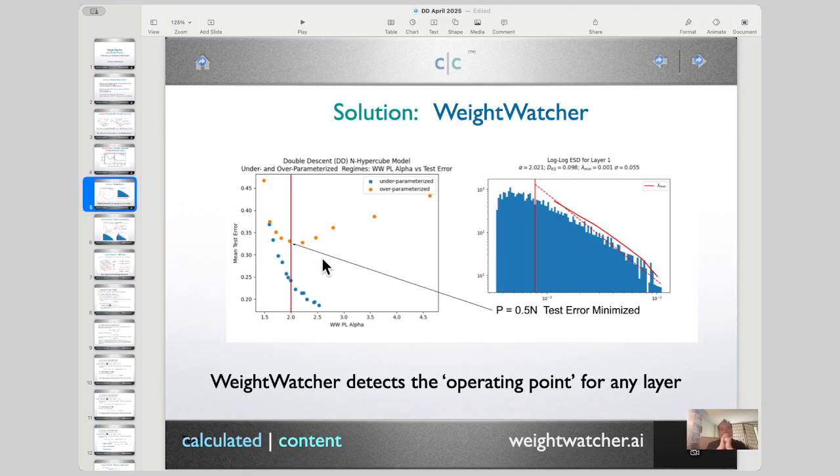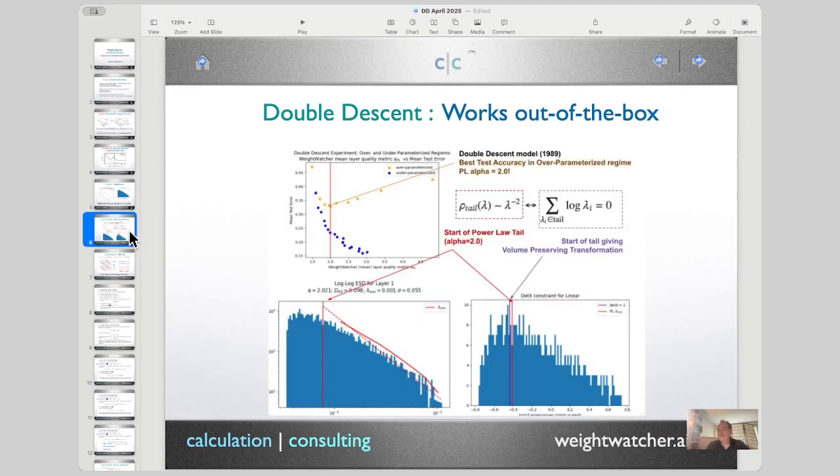This is the full round trip: WeightWatcher will help you tell where your fit is, but particularly how close you are to having the right fit, and eventually help you scope your training.